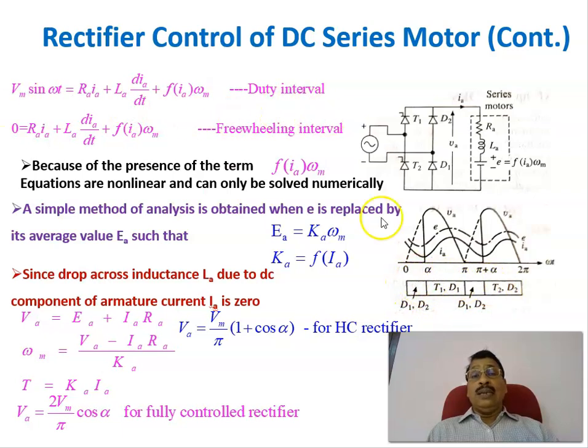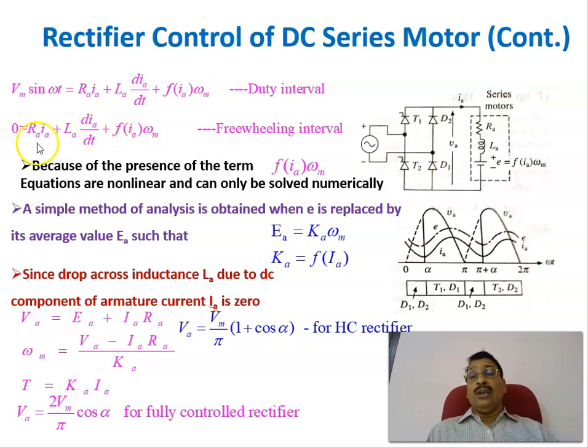Now during the duty interval from alpha to pi, the corresponding equation is Vm sin omega t equal to Ra Ia plus La dIa by dt plus the back EMF. That back EMF is not a constant, it is a function of armature current Ia into omega m. From pi to pi plus alpha, that is during the freewheeling period, the voltage is equal to 0.